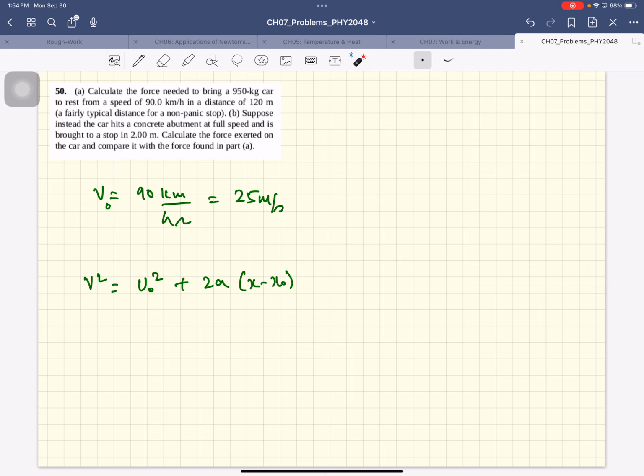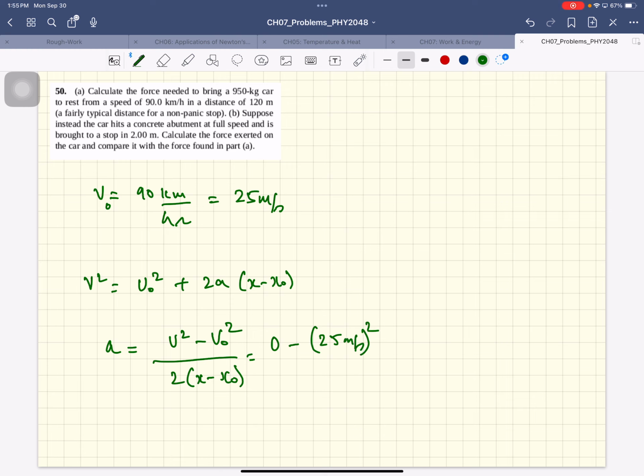X minus x naught is 120 meters. So your deceleration is that.